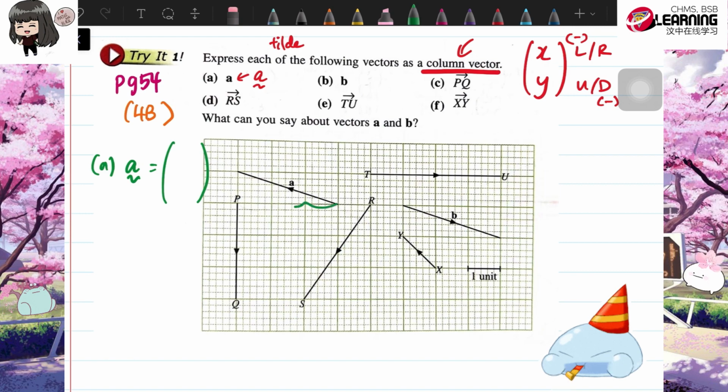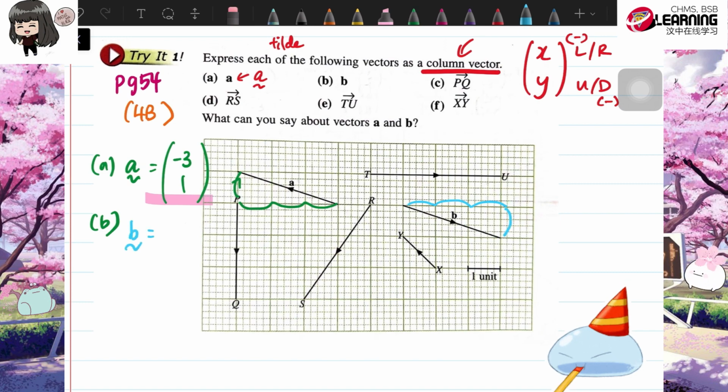It goes to the left first with 3 steps, so negative 3, and then goes up 1 step, so negative 3, 1. So this is your answer for A. And for your B, this one is going to the right 1, 2, 3, and then going down 1. So vector B is going to the right 3, going down 1.